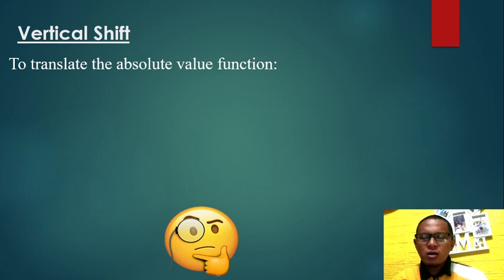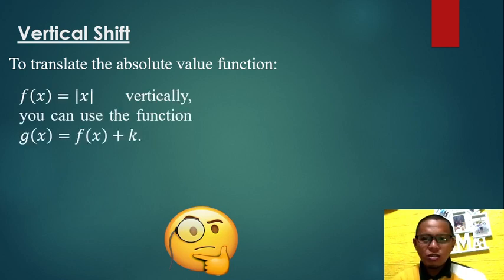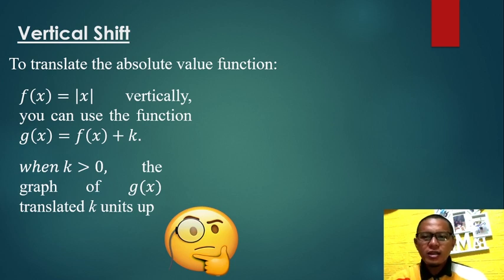Let's tackle the vertical shift. The vertical shift is used to translate the absolute value functions. If f of x is equal to the absolute value of x, vertically, you can use the function g of x equals f of x plus k. When k is greater than 0, the graph of g of x is translated k units up.